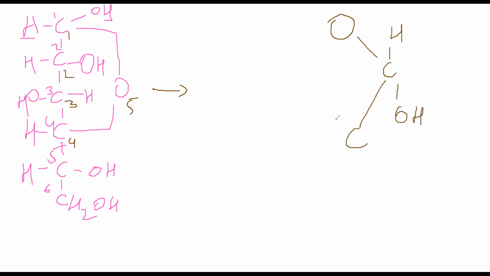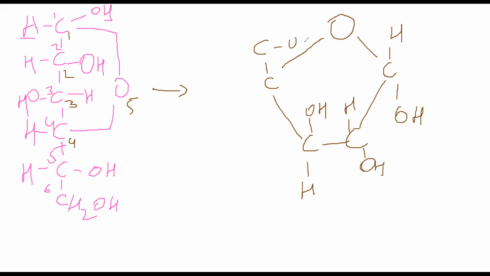COH, CH, OH, COH, H, C. Make this bond. So you have COH and H, and you have CH2OH, right? If you see this structure and this structure, you'll be able to see.